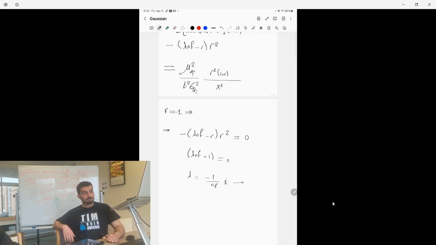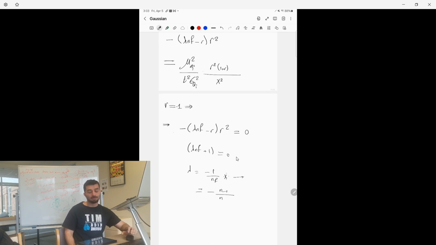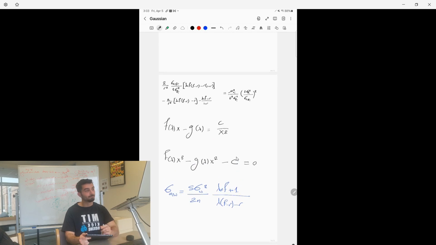What do we have here for lambda? I can just look at the monitor and draw everything.